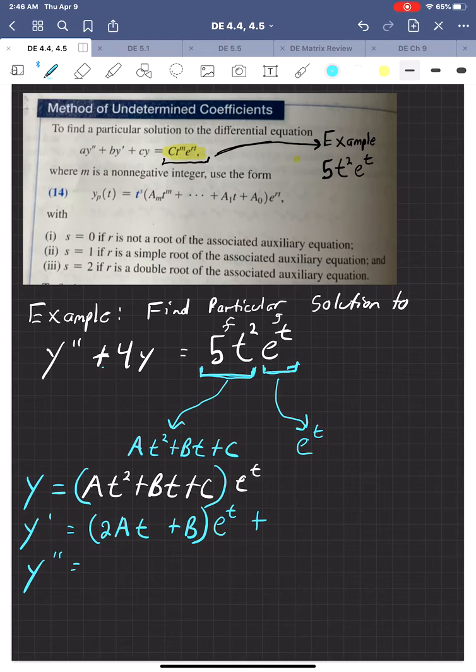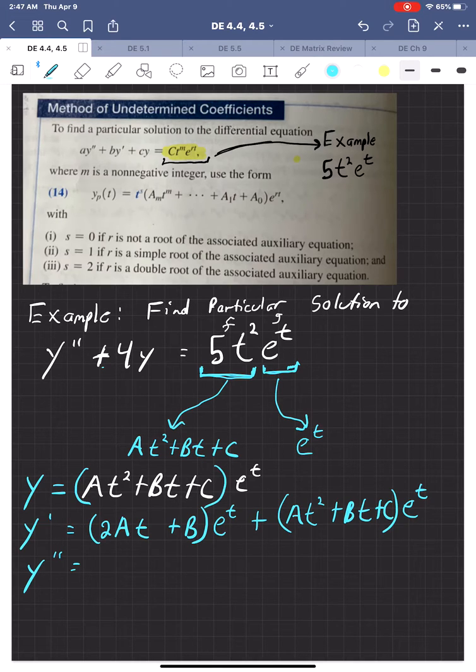plus a t squared plus b t plus c. That would be our g, and that is going to be times, in this case, g prime, which is still e to the t.